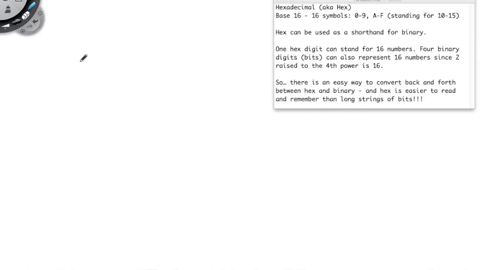Let's say that we have a number in binary and we want to convert this to hexadecimal. You might ask, why would you want to do this? The reason is, oftentimes we do need to look at data at the lowest level of the computer, like data that's in memory, or more often data that's being communicated, some kind of communications traffic, and you want to see what the data is.